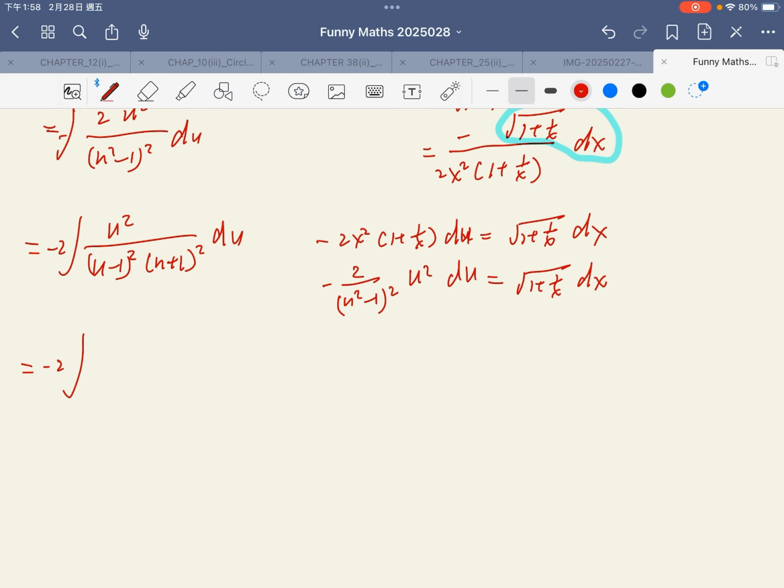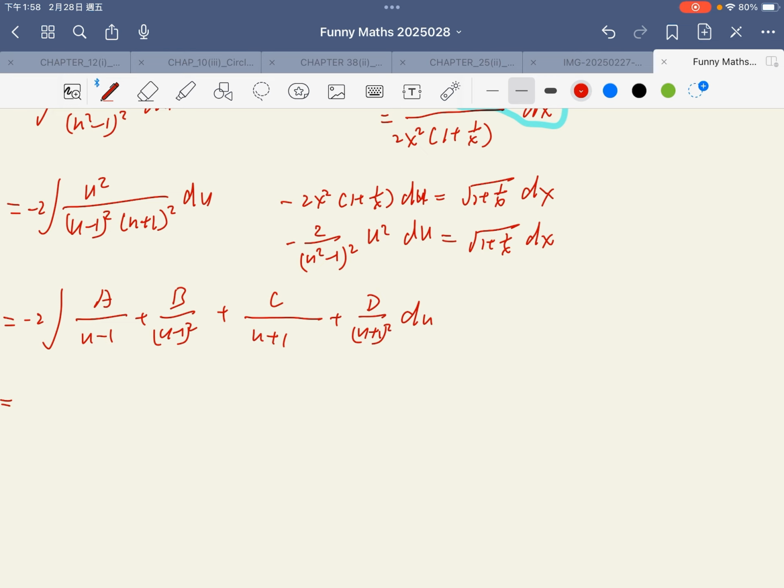Law 3 means that if the denominator has roots with multiplicity greater than or equal to 1, here equal to 2, then this can be factorized as A over u minus 1 plus B over (u minus 1) all squared. Similarly for u plus 1 all squared, also by law 3, it is C over u plus 1 plus D over (u plus 1) all squared du.